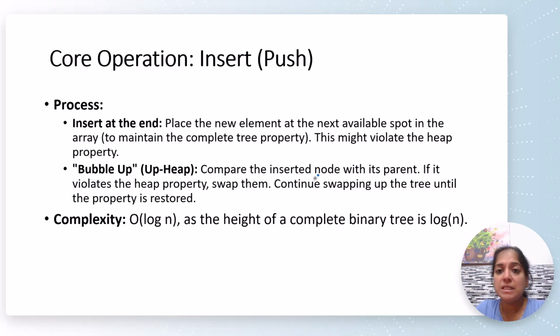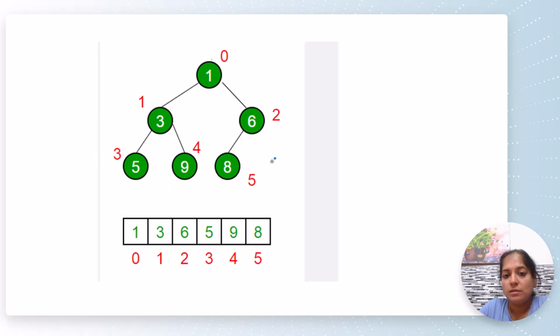Now, the basic operations of insertion and deletion in the heap. If we need to insert an element in a heap, let's say for this example, I need to insert value 2. So how are we going to insert it?